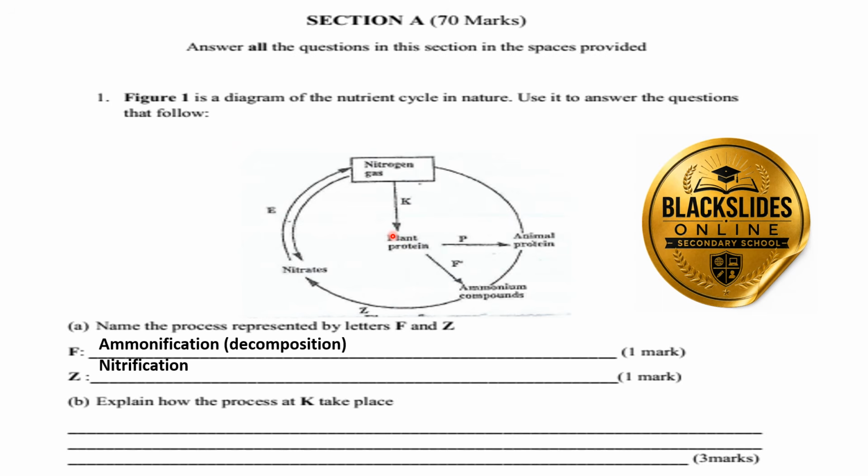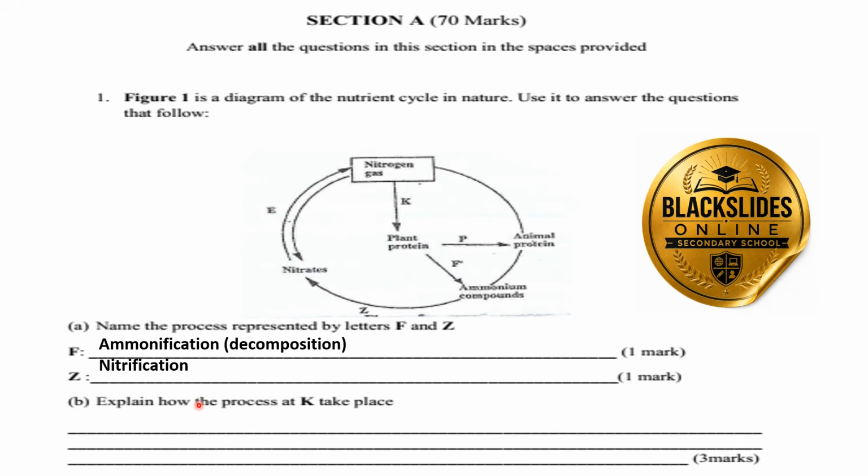But it can also be done by the action of lightning during a rainstorm, where the energy from lightning breaks down nitrogen gas into a form that can be available to plants. Because here we have not shown the whole process.